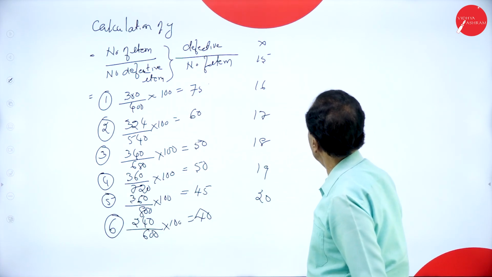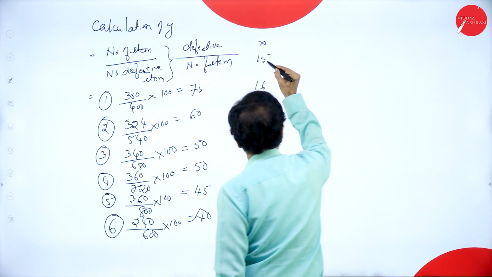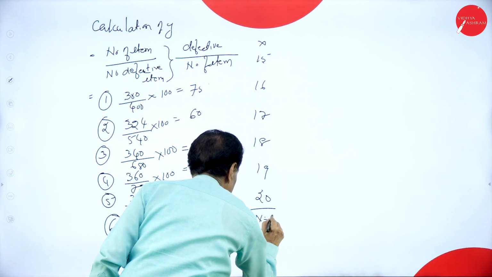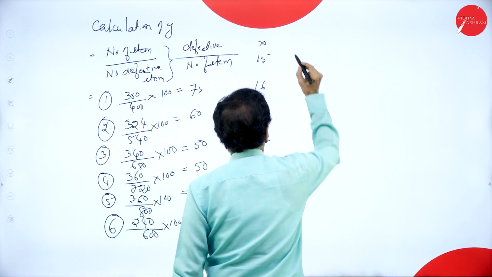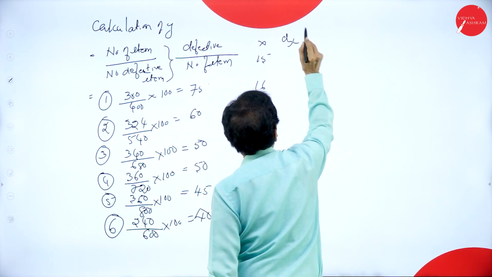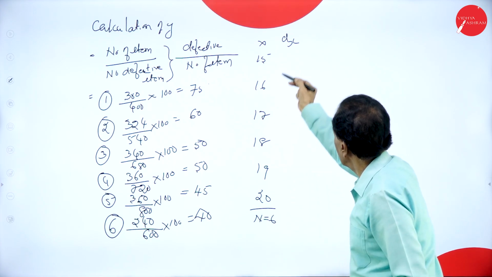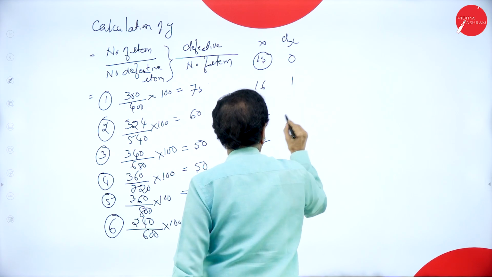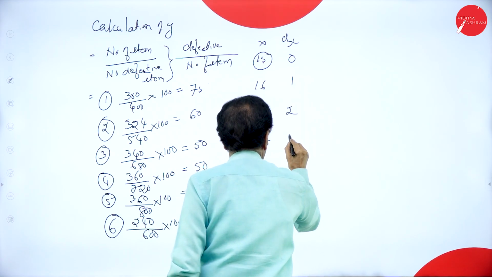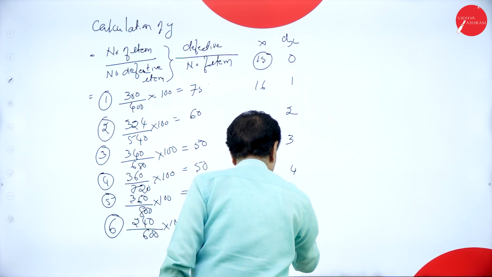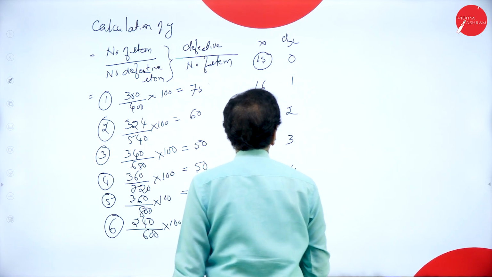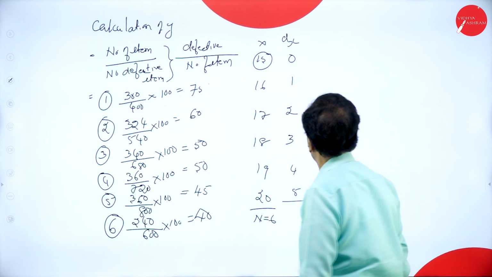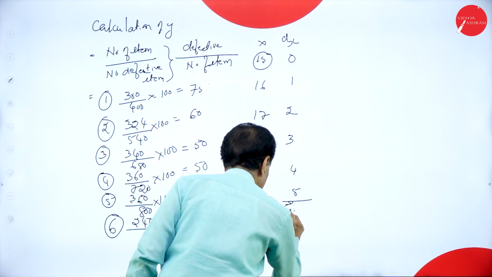The lowest is your dx. How many? 1, 2, 3, 4, 5, 6. N is equal to 6. Then dx, the lowest one here, 15 is equal to 0, then 1, 2, 3, 4, 5. Add the figures: 1 plus 2, 3, 6, 10, 15. Sigma dx is 15.